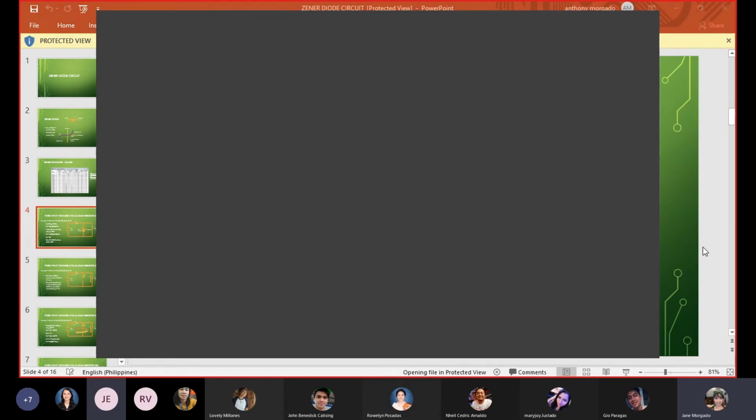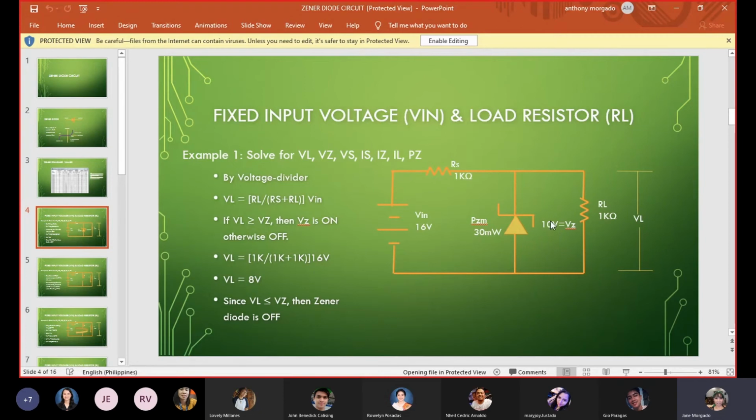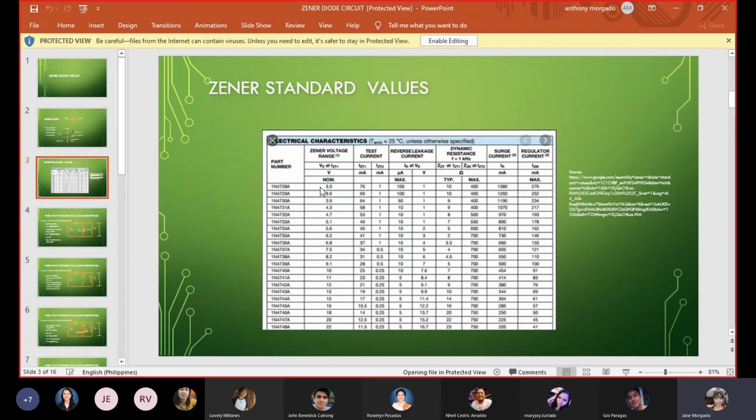Okay, clear. So, if the voltage across RL is less than the Zener voltage VZ, more or less laging given tong VZ. Kagaya niyan, kung bibili ka sa tindahan, sasabihin mo, pabili nga ng 3.3 Zener.